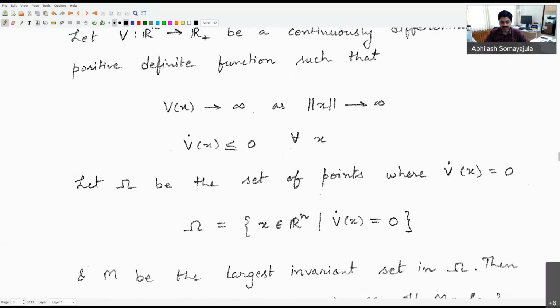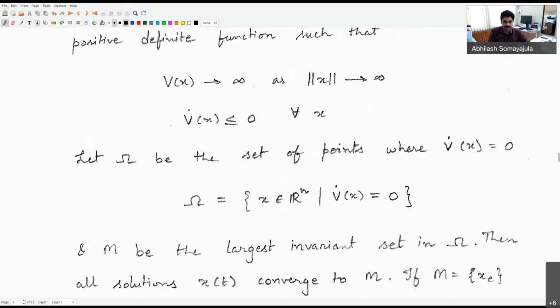Then we try to identify omega. Let's say omega is the set of all the points where V dot is equal to 0. We saw that V dot is negative semi-definite over the entire regime. We want to identify those points where V dot is exactly equal to 0.